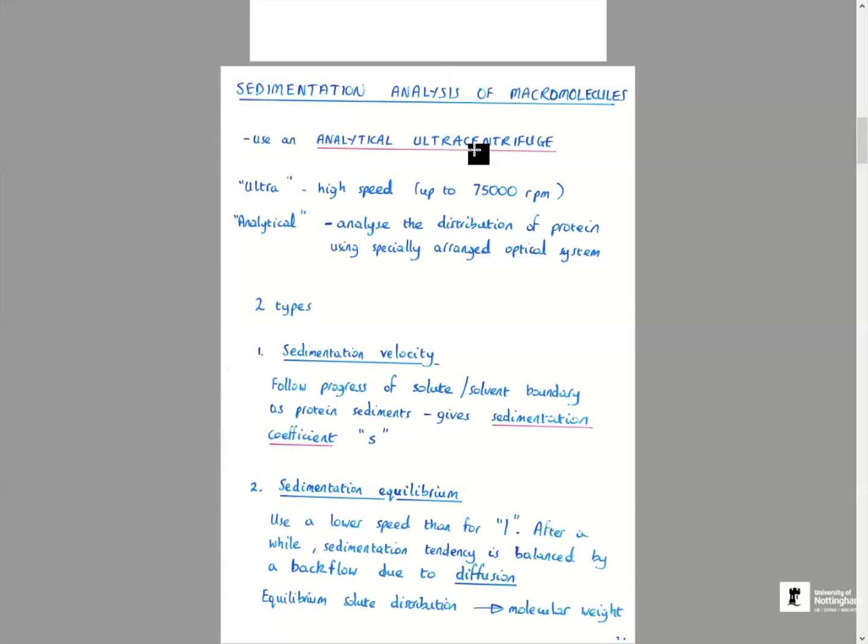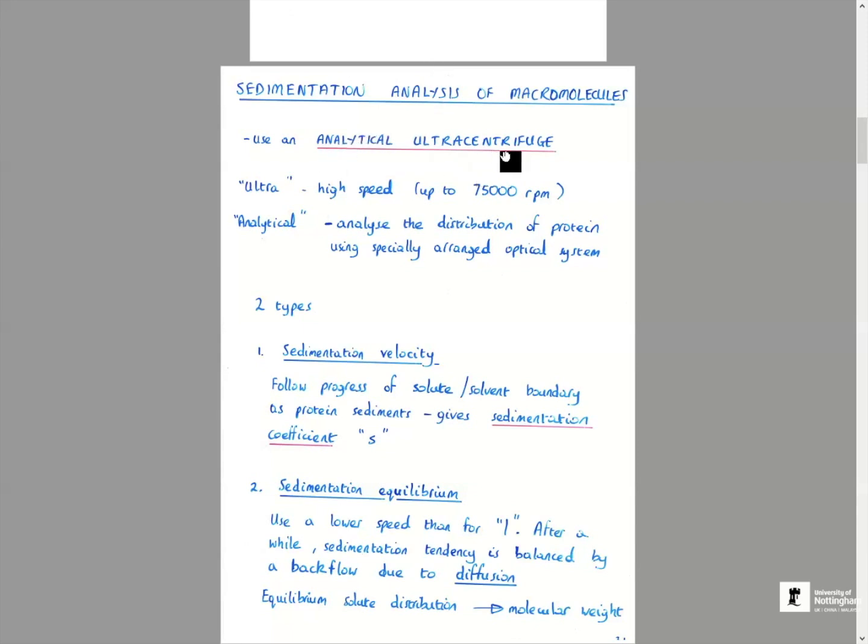And you need very high rotation speeds in order to sediment very small particles, that is, macromolecules, proteins, nucleic acids, and carbohydrates, polysaccharides. So that's why we use an ultracentrifuge. Ultra means very high speed. And in preparative centrifuges, these can go up to 75,000 RPM. That's extremely fast.